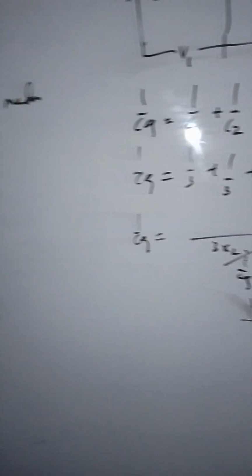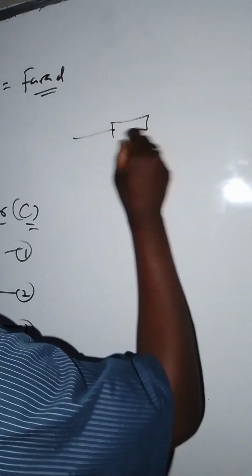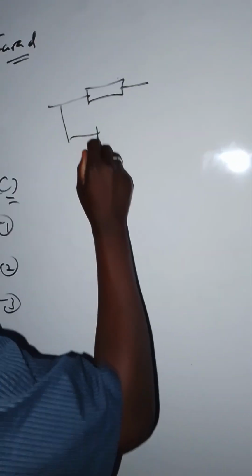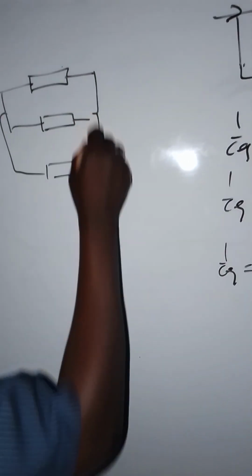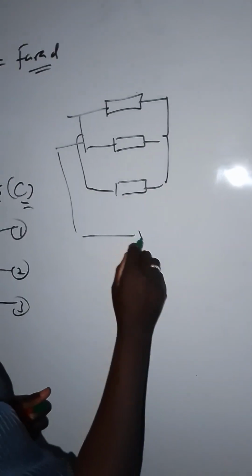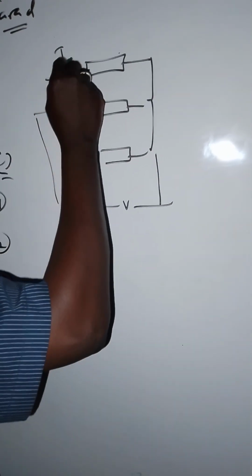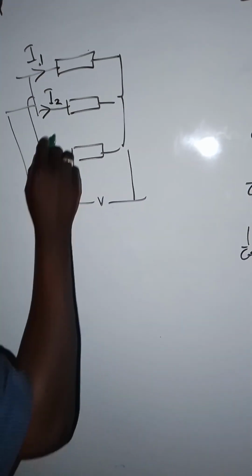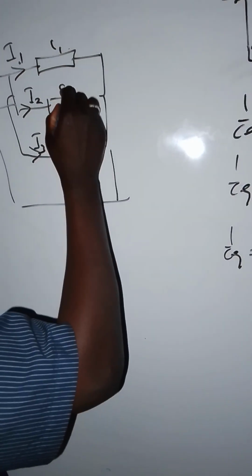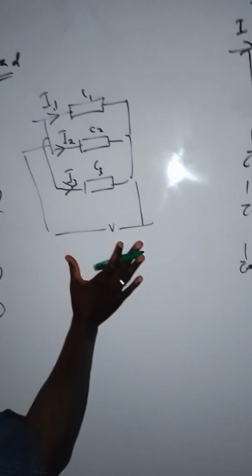Let's now see capacitors in parallel. This is a capacitor arrangement in parallel. Capacitors arranged in parallel will have different currents flowing through them. C1, C2, and C3 have different currents flowing through them, but the same potential difference.